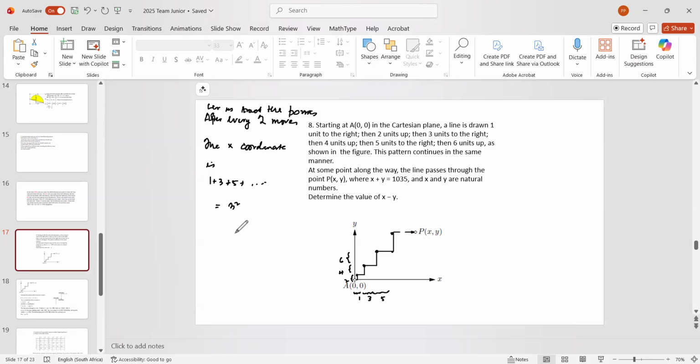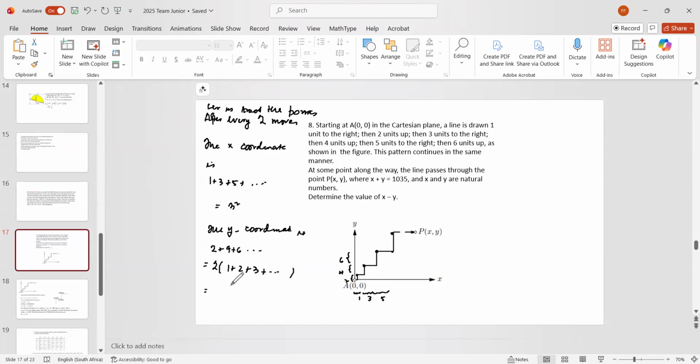So the x-coordinate is that, and the y-coordinate, if you look upwards now, is 2 plus 4 plus 6. And that is 2 into 1 plus 2 plus 3.